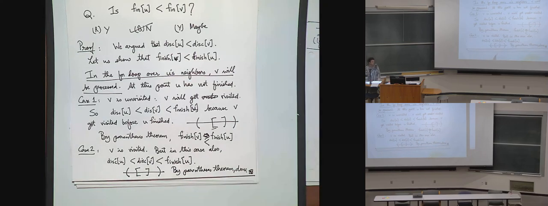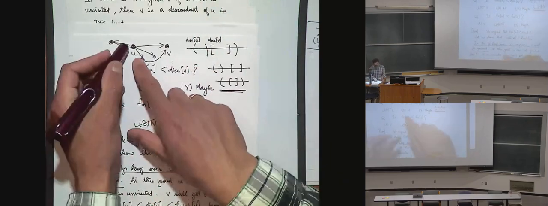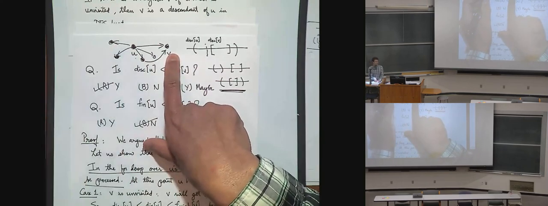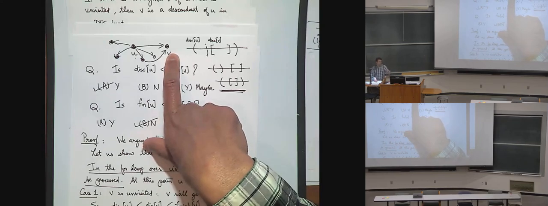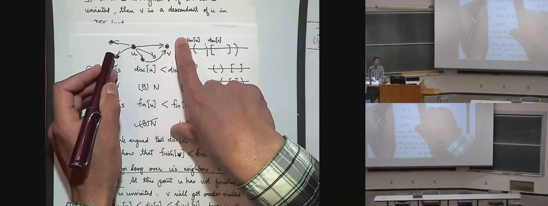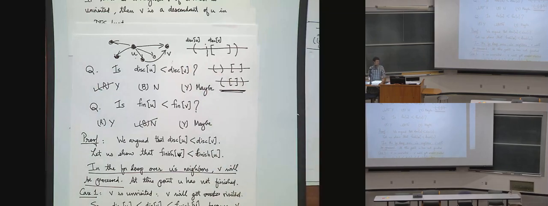Yeah. I'm a little confused about the difference between these cases. There's actually no difference. The reason I broke it out is to just say that when U is looking at the neighbor V, at that point V may be visited or unvisited. Like it could be that there's some other child that led to it, or maybe not. But regardless of those cases, the same situation happens.